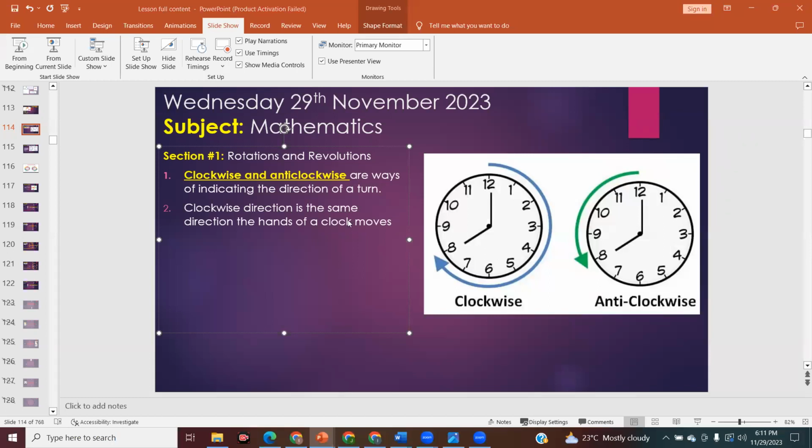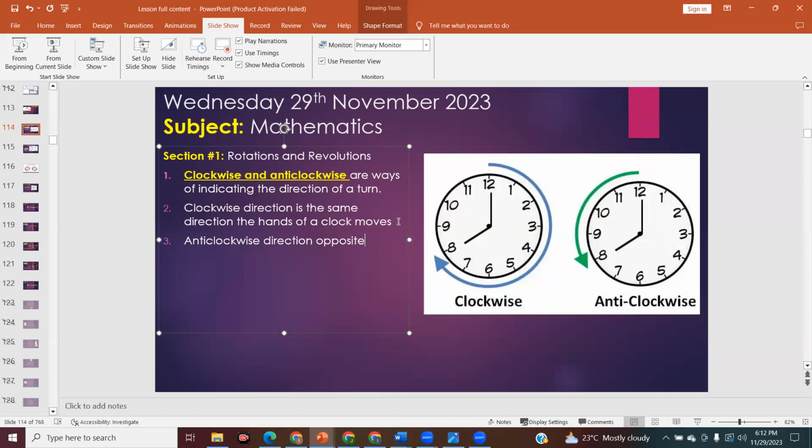So clockwise is the same direction the hands of a clock moves. And anti-clockwise is going to be what? What is anti-clockwise direction? The clock going backwards, the opposite, right?